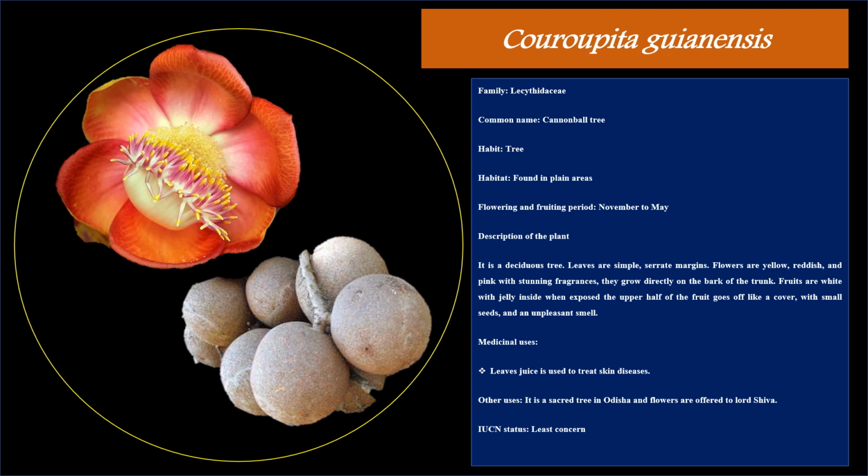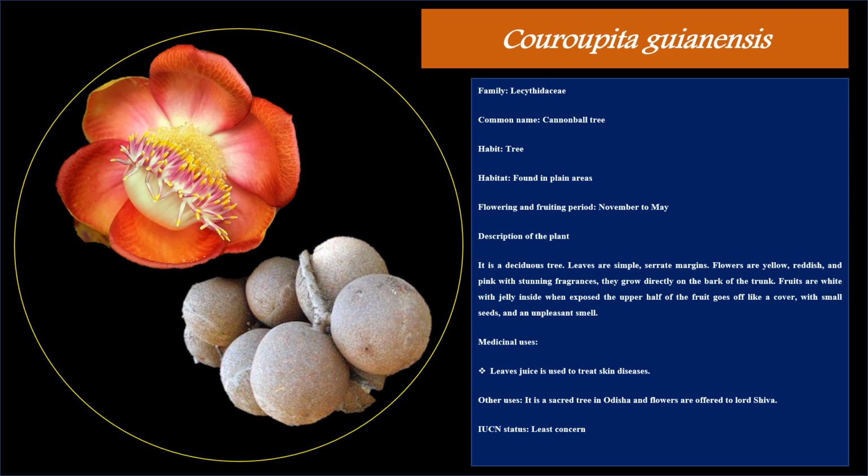It is a tree species found in plain areas, and sometimes it is also found in houses because it has a beautiful fragrance that attracts many insects, so in many houses it is planted.